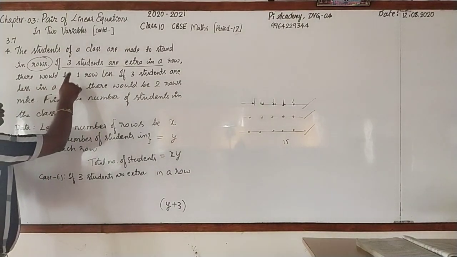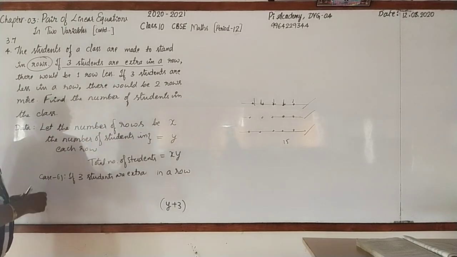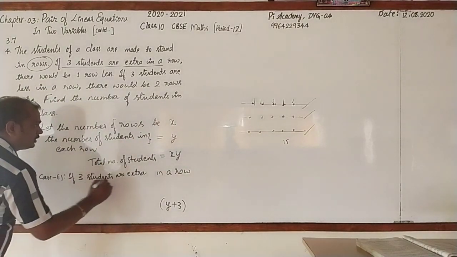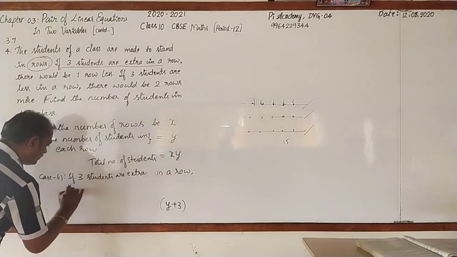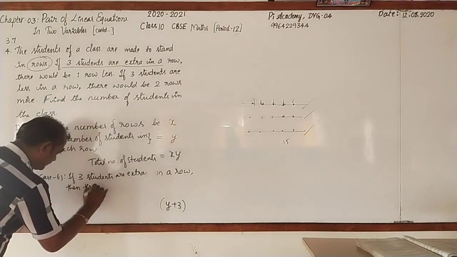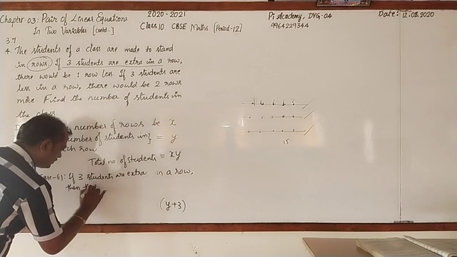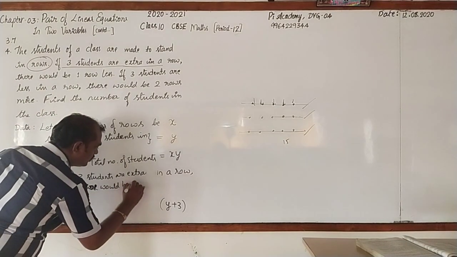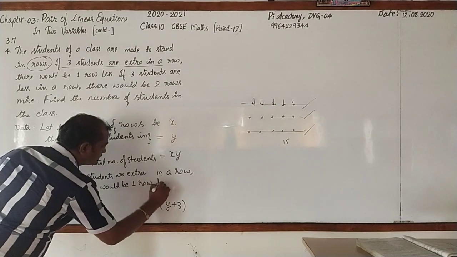Then there would be 1 row less. How many rows are there? Here, X number of rows. So, here I'll write: then, there would be 1 row less.